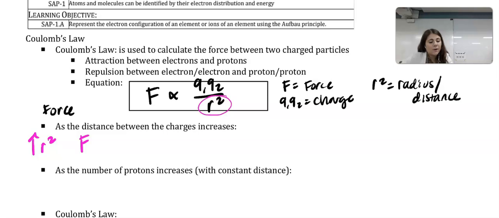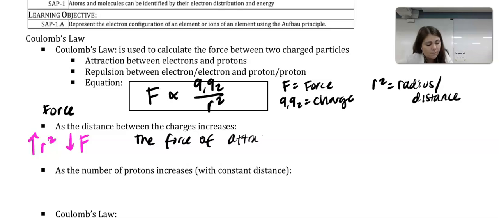Because this variable is in the denominator, this is an inverse relationship. Increasing this will cause a decrease of the force. So as the distance between the charges increases, the force of attraction will decrease.